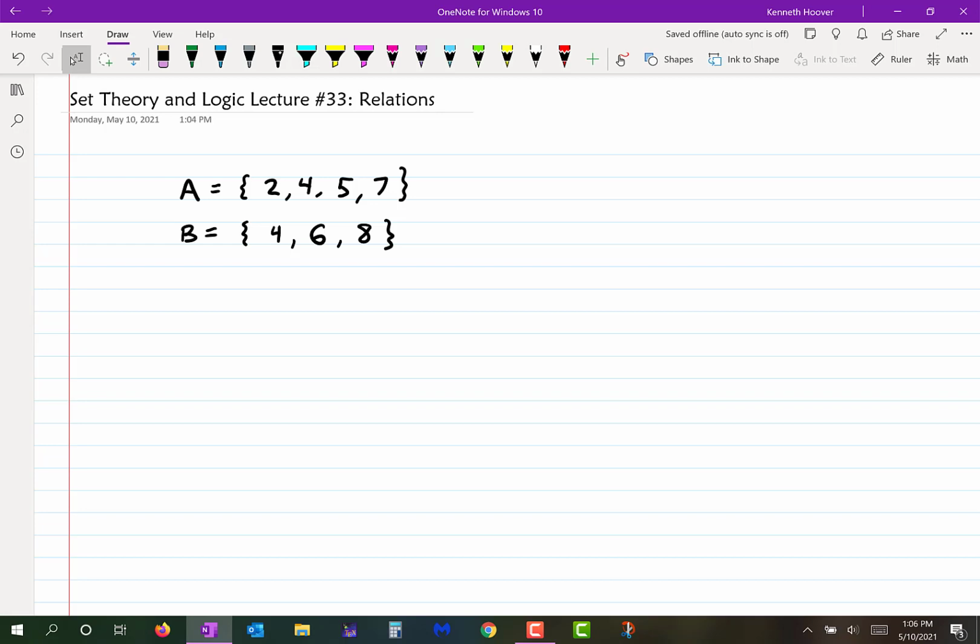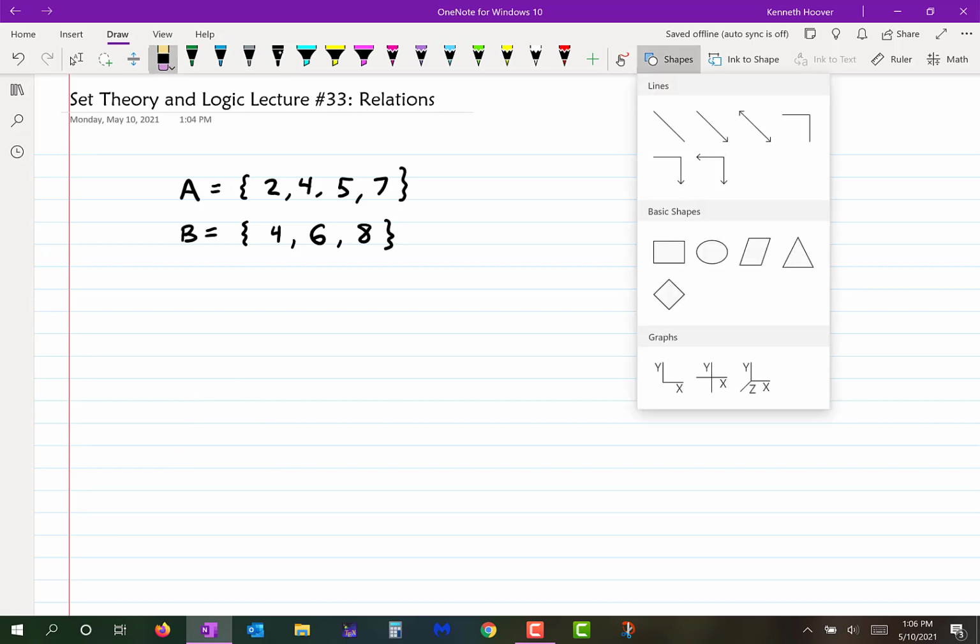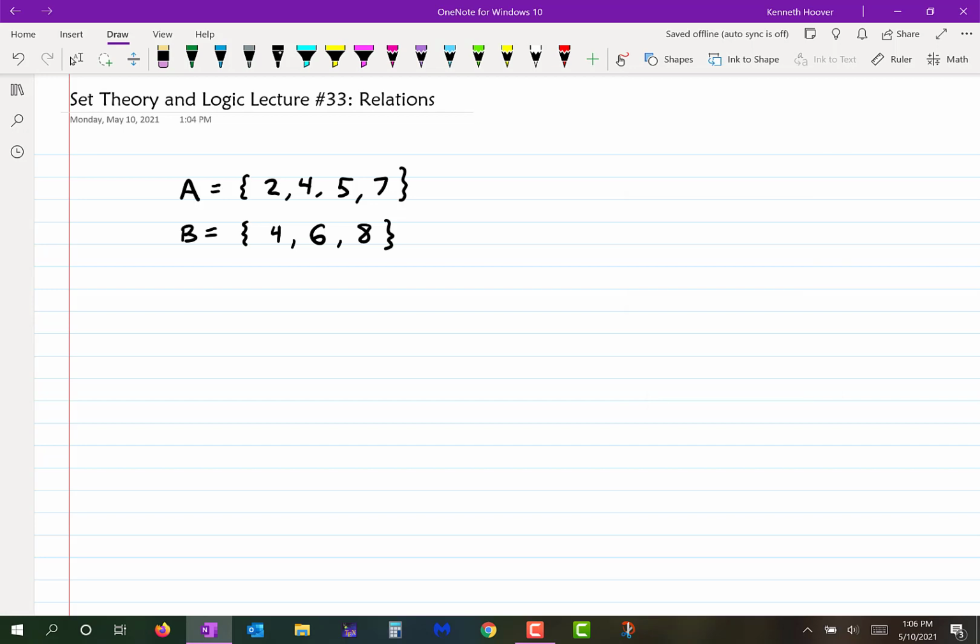And let me draw this with an arrow diagram. Actually, I can do, I think, let's see, I can do a nice perfect shape like this. Okay, so let's put the numbers from A here.